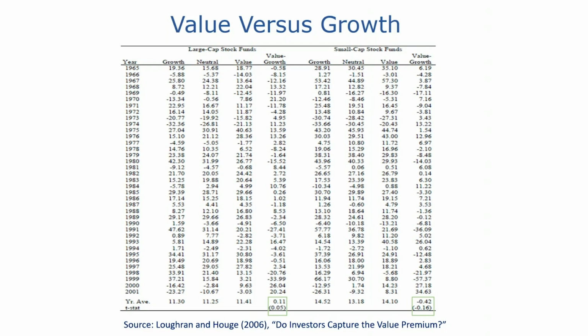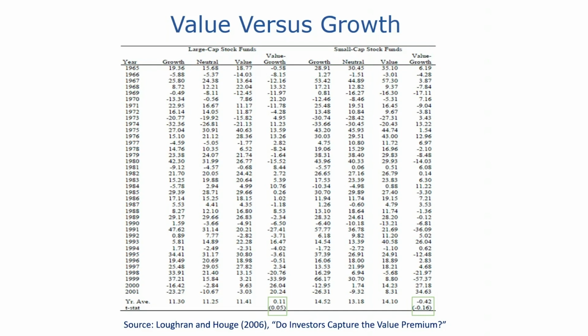And they looked at the difference between value and growth performance year by year from 1965 through 2001. And what they found was that value had outperformed growth in large caps, but by only 0.11% per year, which is meaningless.